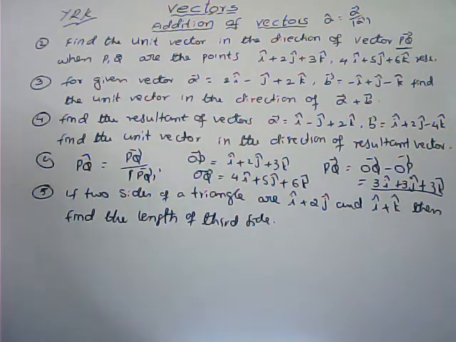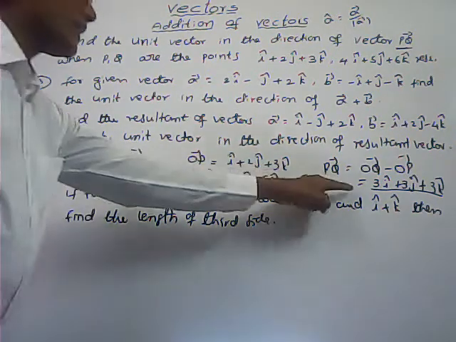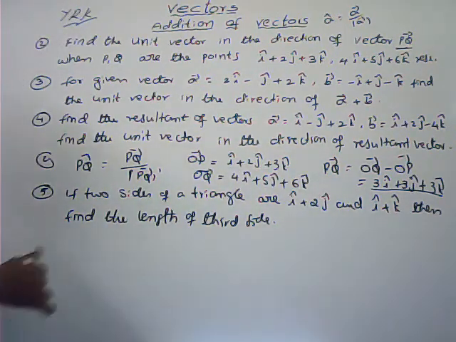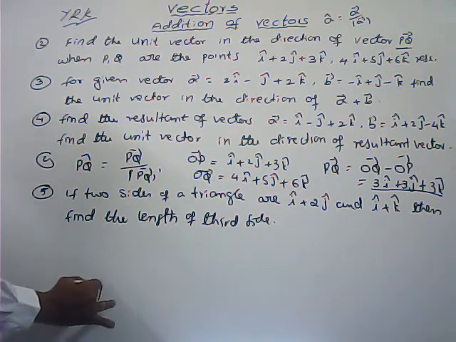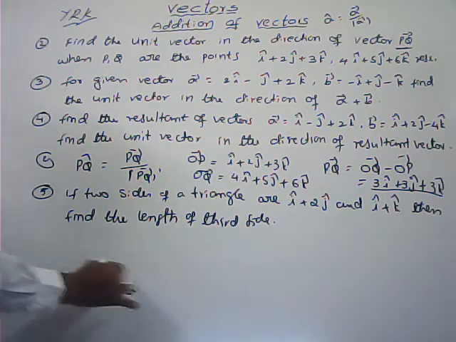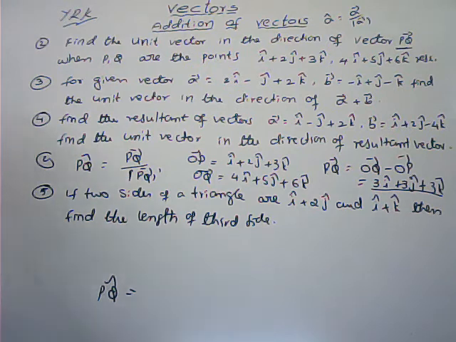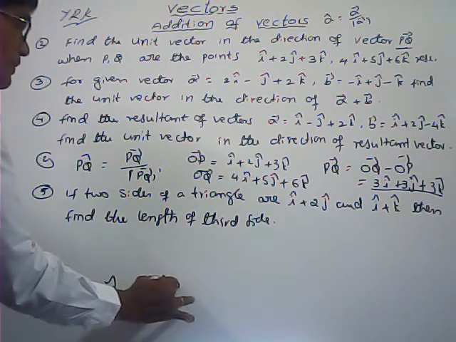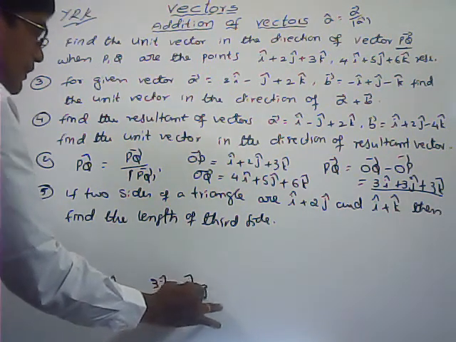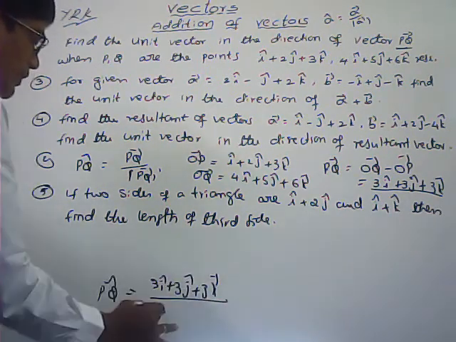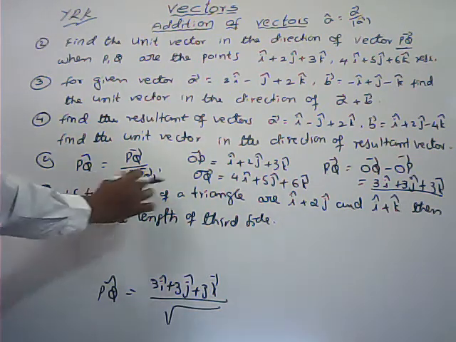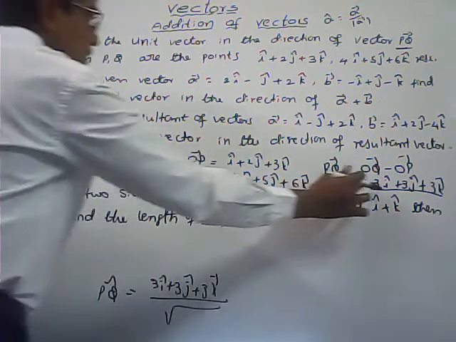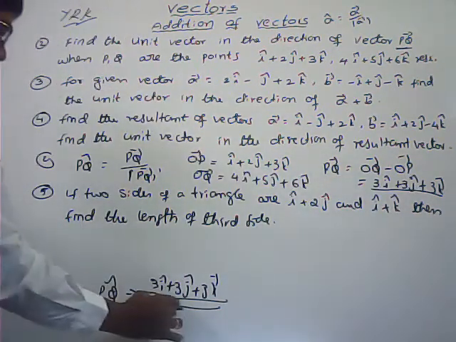Now, what is the unit vector in this direction? PQ cap, the unit vector in the direction of PQ bar, is equal to PQ bar, 3i cap plus 3j cap plus 3k cap, whole by root of modulus, meaning root of x square plus y square plus z square. 3 squared 9, 9 and 9 and 9 are 27.